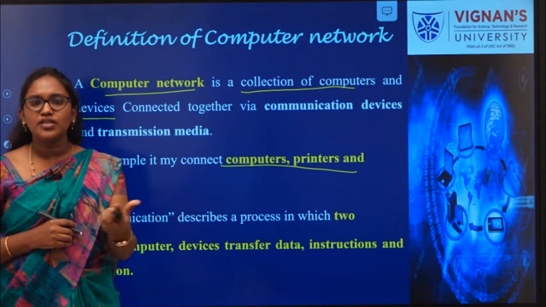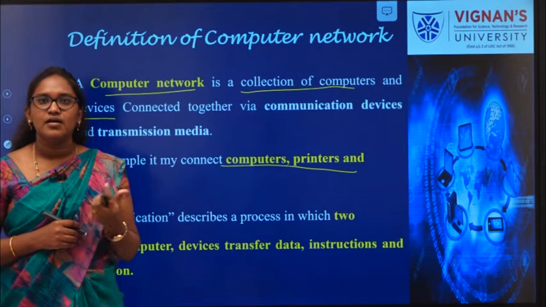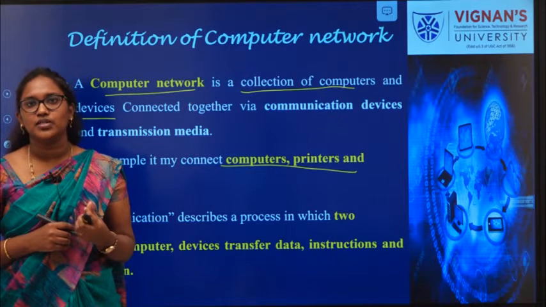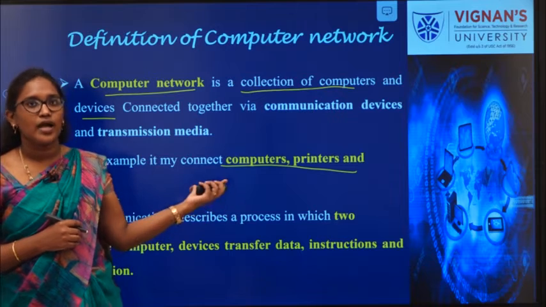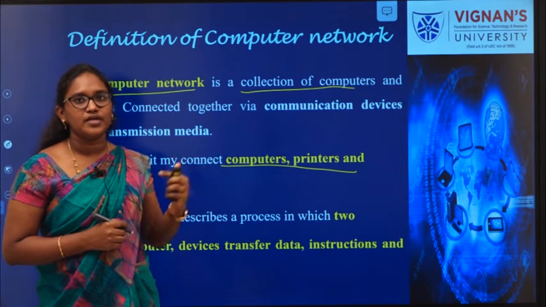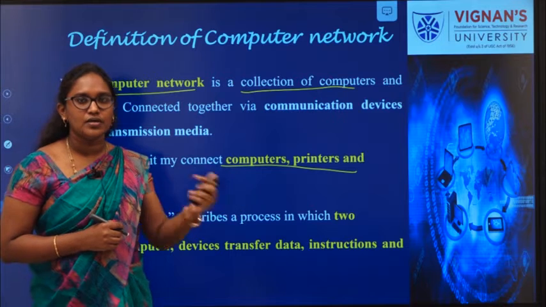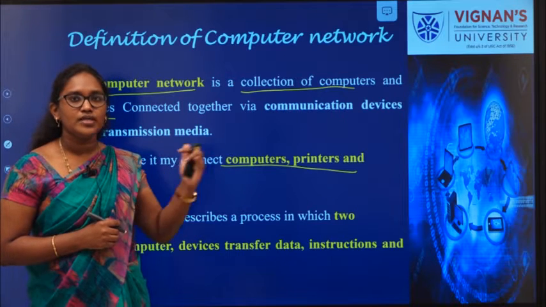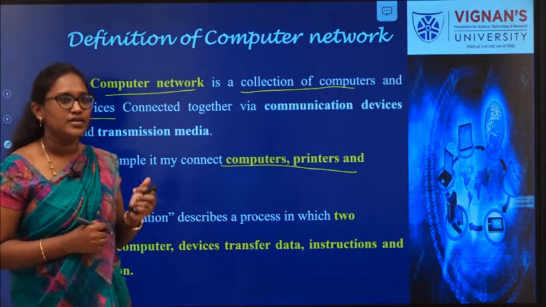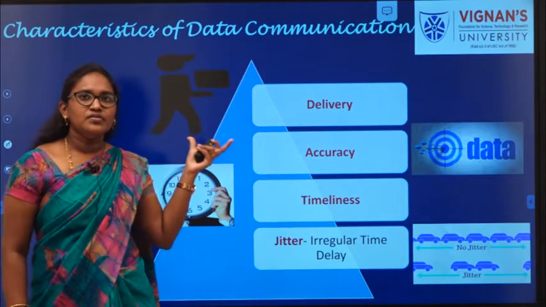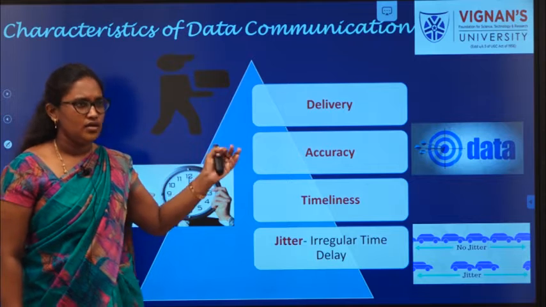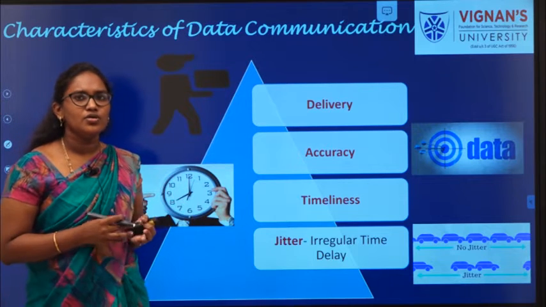Both are different devices, but still they can group together and work together. How it is possible, we'll discuss in this unit. Irrespective of the device, irrespective of the place where you are staying, you can connect multiple computers or multiple devices.